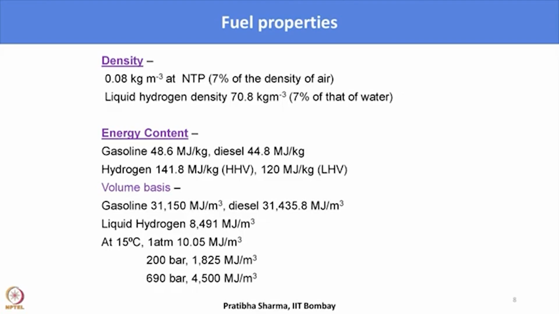So, that means the volume that will be required to store hydrogen will be very high unless it is compressed to very high pressure. Even when it is compressed to pressures like 690 bar, the energy density is still 4500 megajoule per meter cube, which is appreciably lower than that of gasoline.